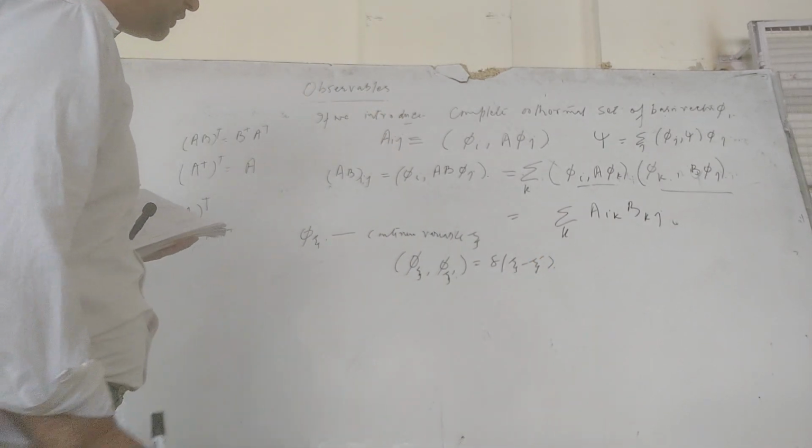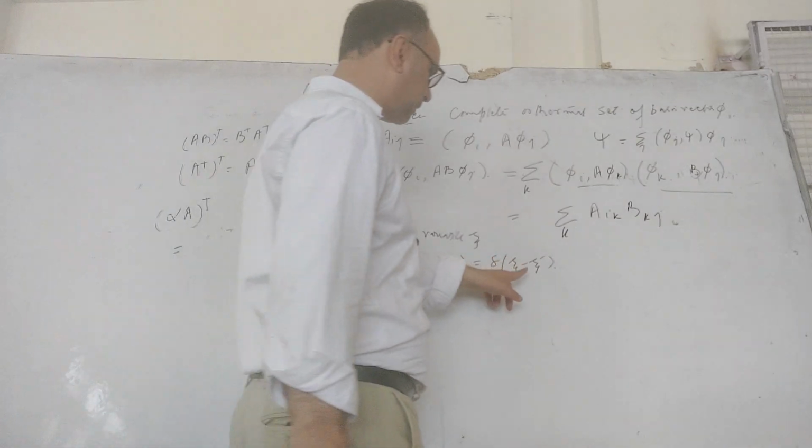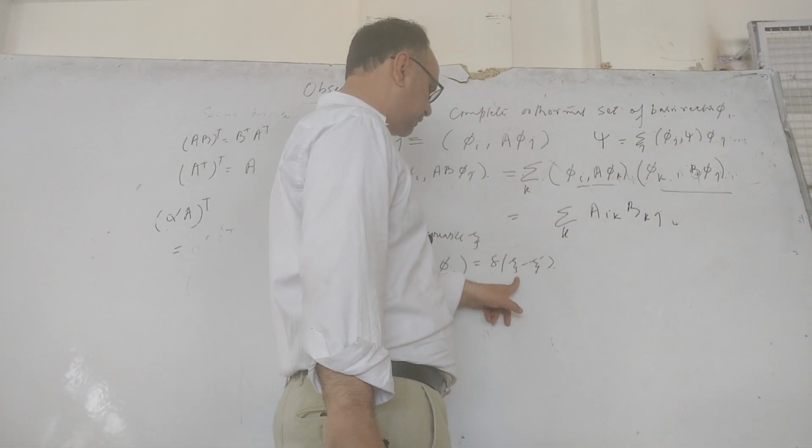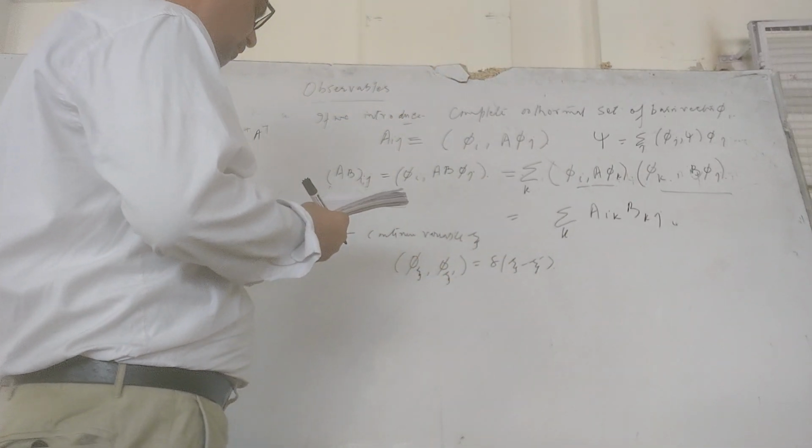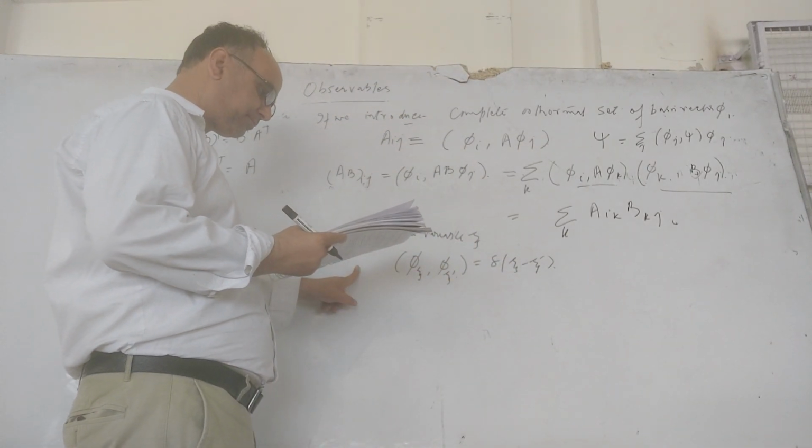If zeta equals zeta prime it is 1, and if zeta is not equal to zeta prime it is 0.